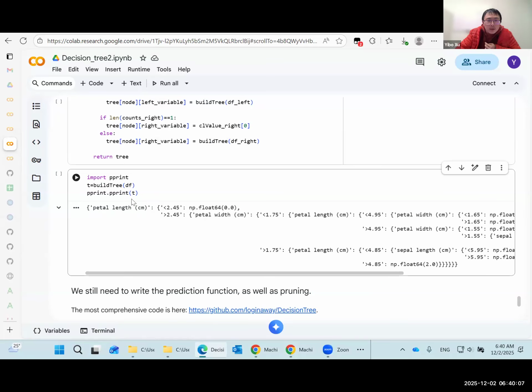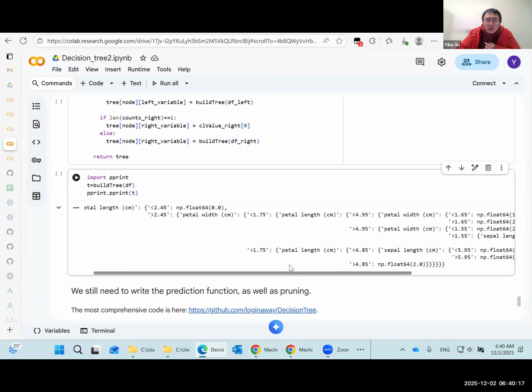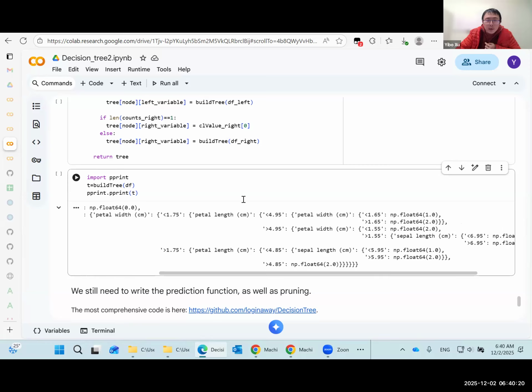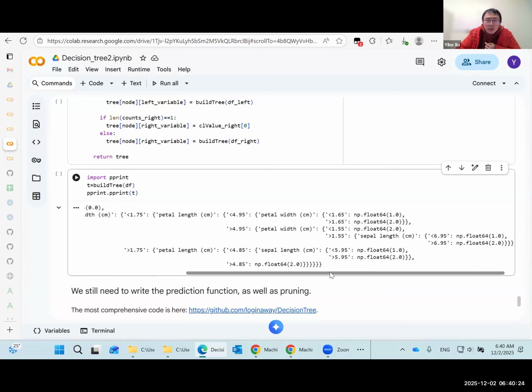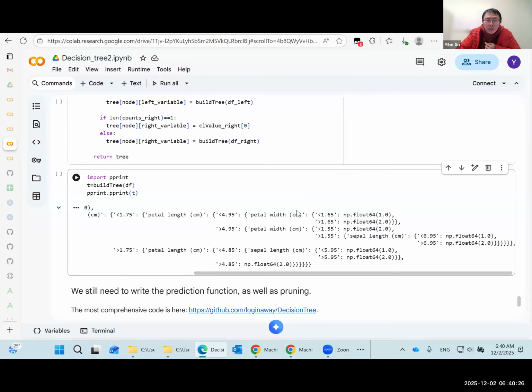So basically, you see the petal length is the root. Okay, so we then look at the petal width greater than or less than two values, and I'll get the third layer, which is the petal length again. And then we split even further as fourth level, which is the petal width.